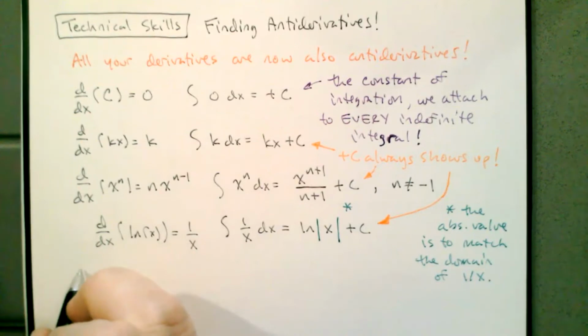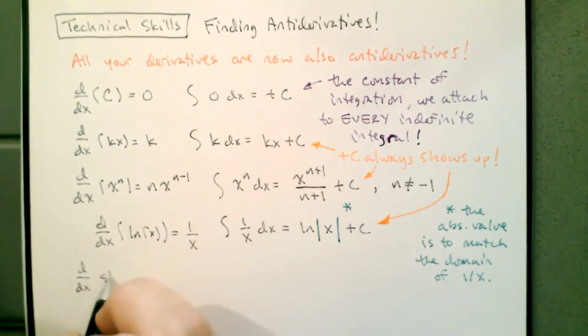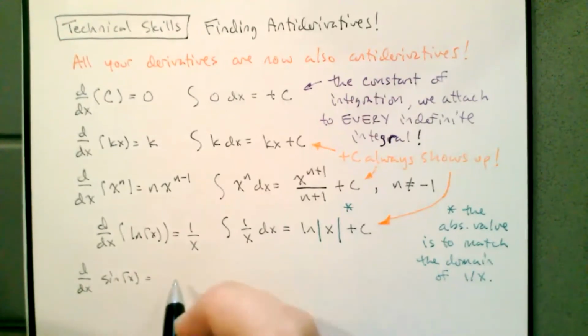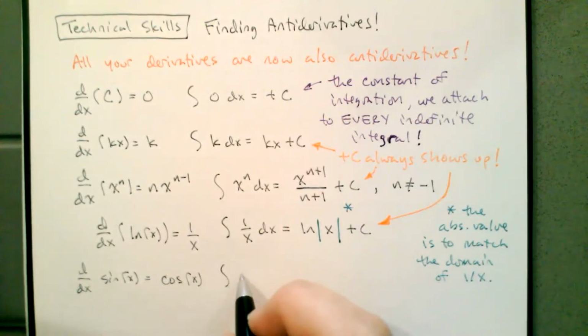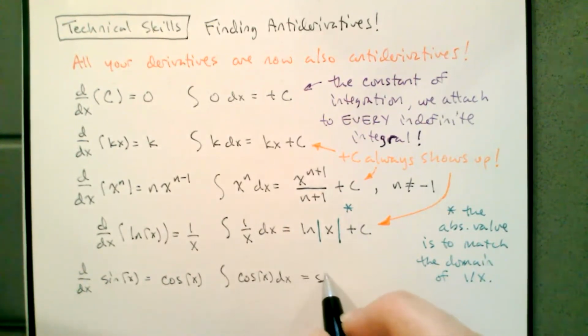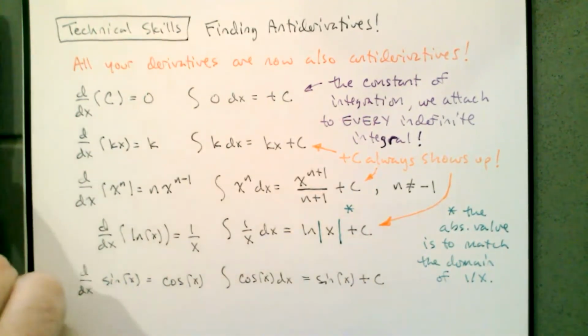So we know some derivatives of trig functions. The derivative of sine x is cosine x. So the integral of cosine x dx is sine x plus c.